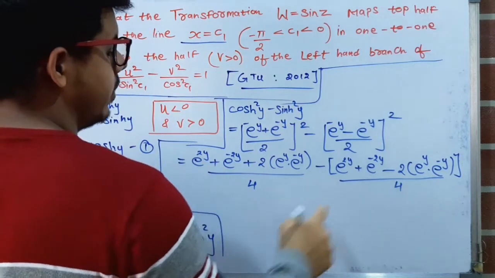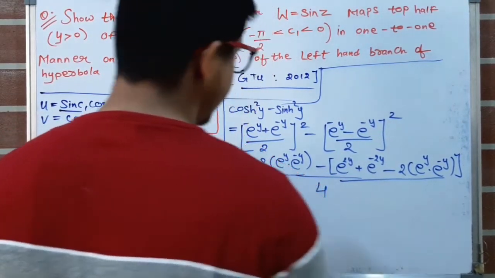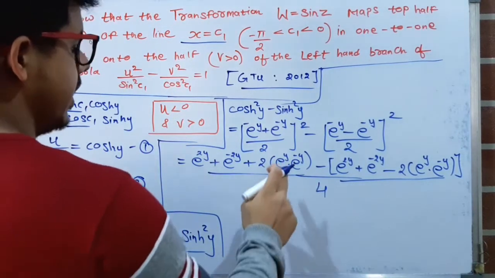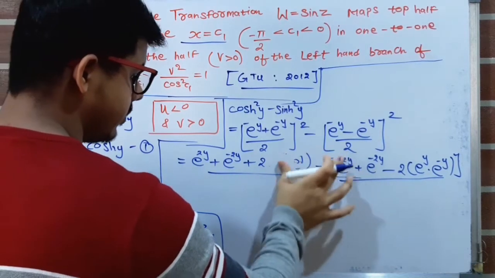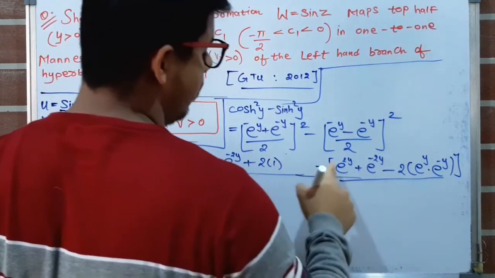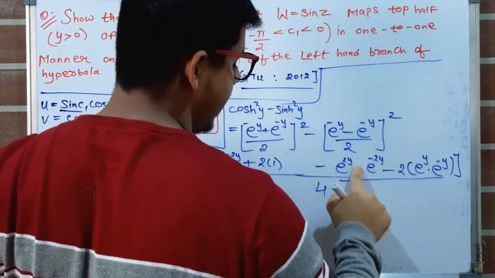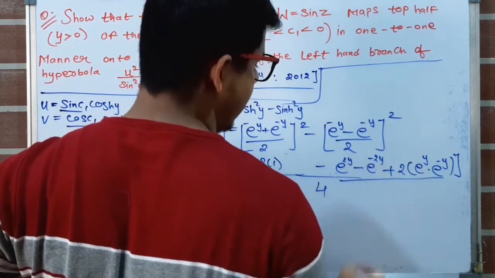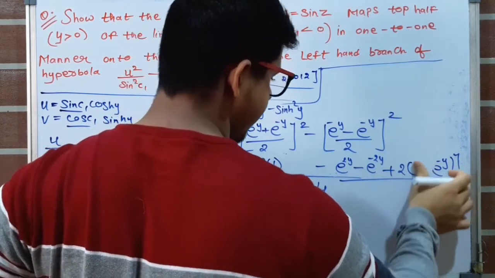These two terms have the same denominator, so we can write them together over 4. Now e raised to y into e raised to minus y will be 1. Now we will open this bracket, so minus e raised to 2y, again minus will come and here plus will come.